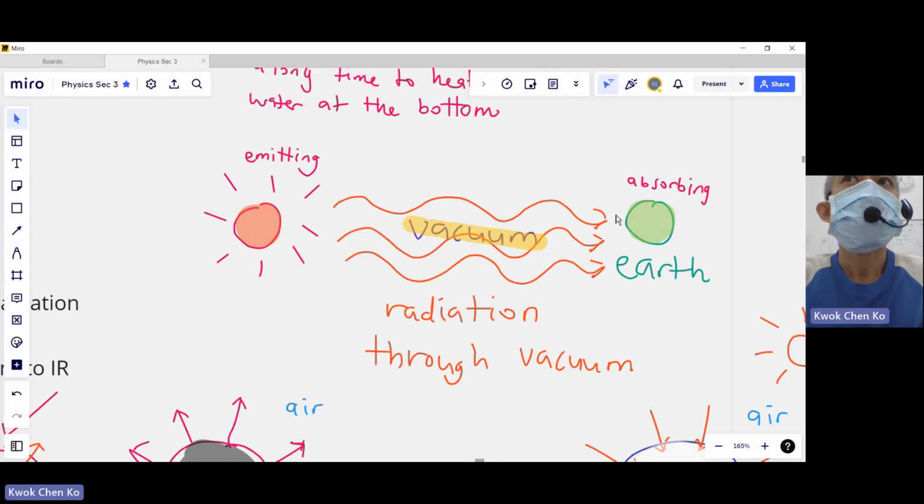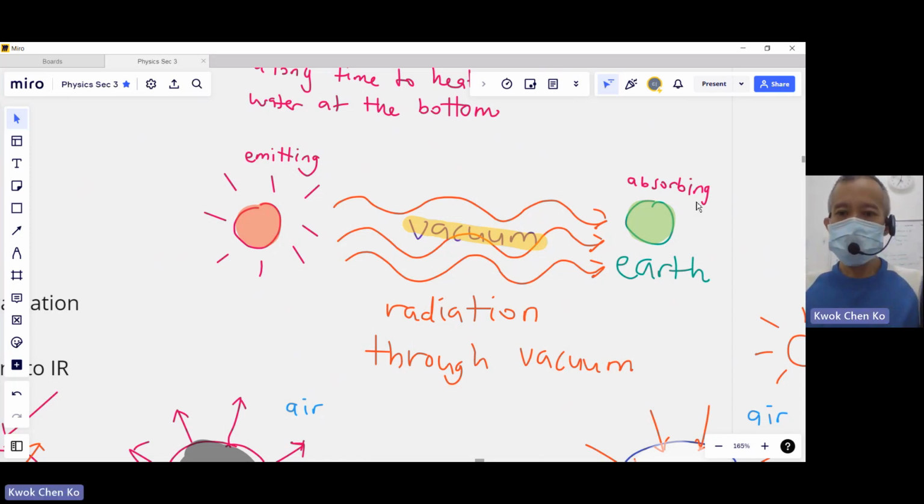They ignore the planets, since normally the planets don't go between the earth and the sun, otherwise you have an eclipse. So make sure you know the sun is emitting, earth is absorbing, and the radiation goes from sun to the earth through vacuum.